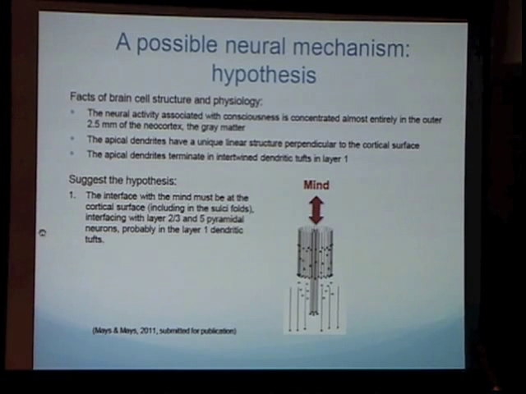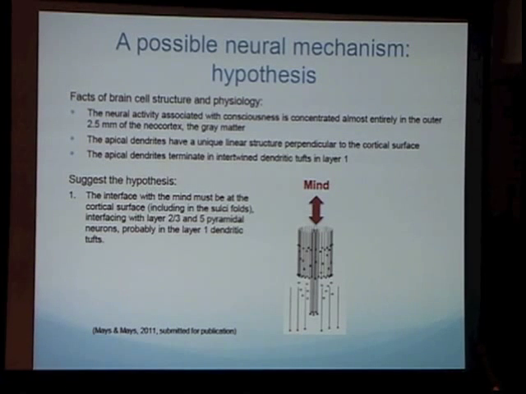So this suggests, and by the way, this is throughout the brain, including the parts associated with memory, I should say throughout the cortex, the neocortex, that the interface with the mind must be at this cortical surface.